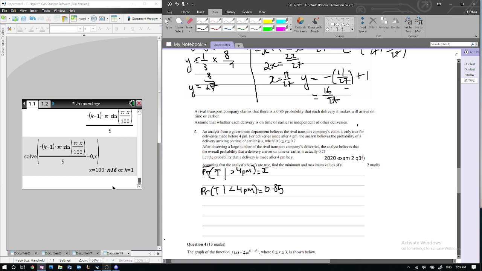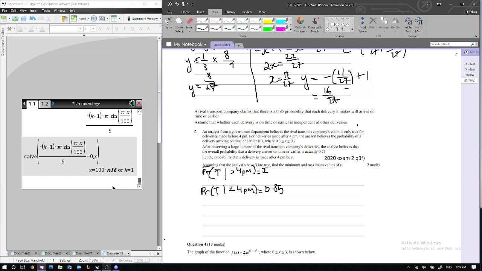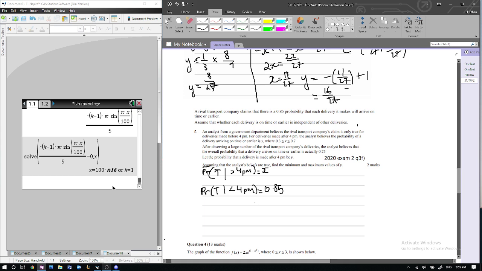If you keep reading, you see this bit was the actual question: find the minimum and maximum values of y. So you know that at the end of the question you're trying to find an equation, because with an equation you can map out the min and max values. How are we going to get to an equation here? Well, if you remember the given probability formula, I'll just do it for x first. P(T and after 4 p.m.) over P(after 4 p.m.) is equal to x.